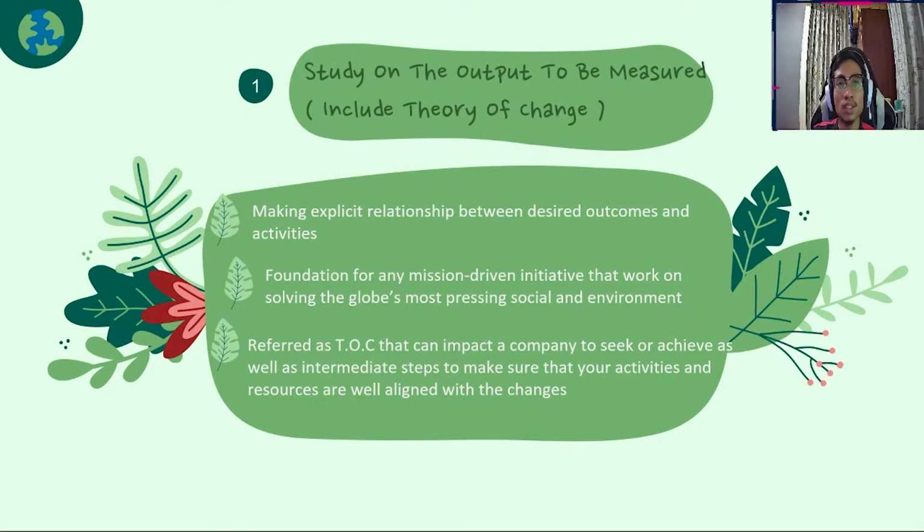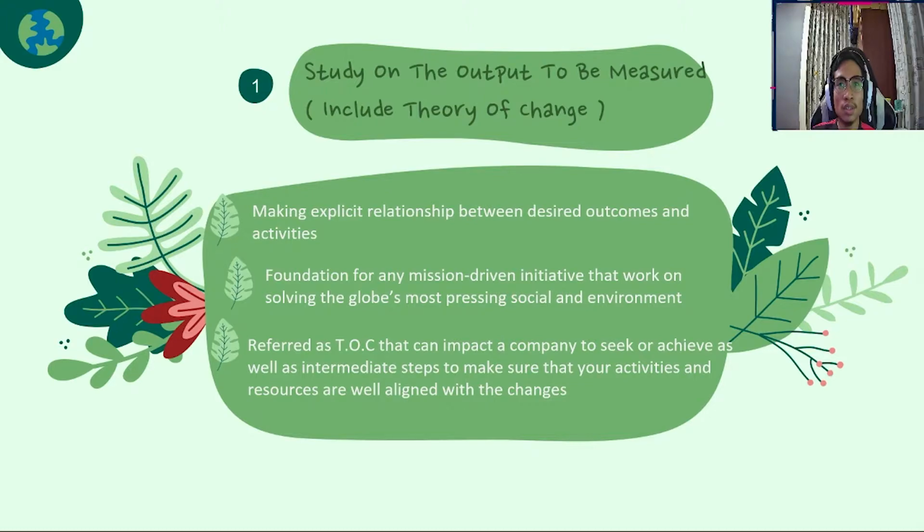Okay, firstly, the organization needs to study and identify the output that needs to be measured. It is important for the organization to know what output needs to be measured. The organization needs to have the objective that includes the theory of change, where the outputs measure progress towards achieving the change through the organization's work. So, the organization needs to make explicit the relationship between the desired outcome and the desired activities.